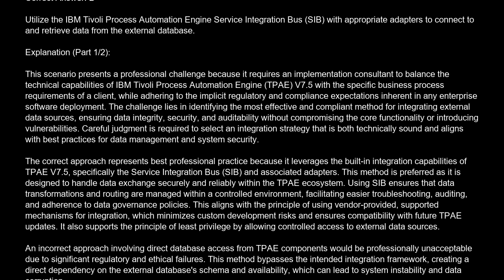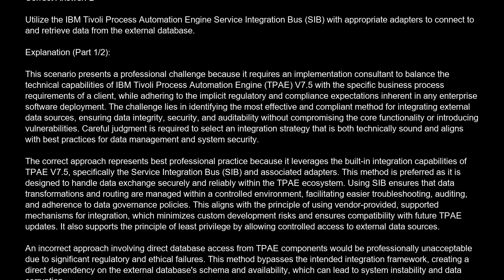The correct approach represents best professional practice because it leverages the built-in integration capabilities of TPv7.5, specifically the Service Integration Bus (SIB) and associated adapters. This method is preferred as it is designed to handle data exchange securely and reliably within the TP ecosystem.